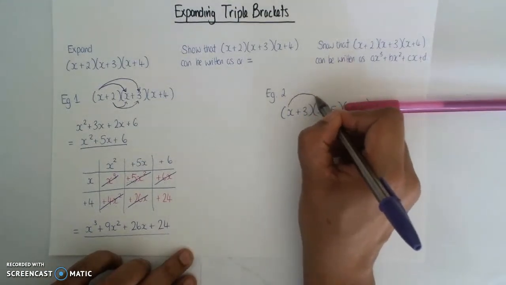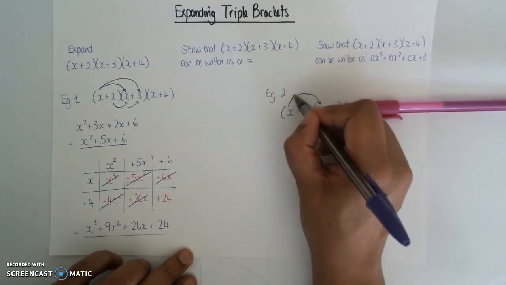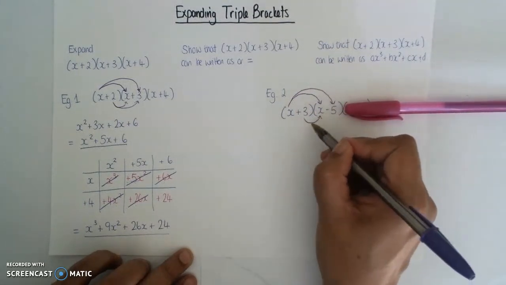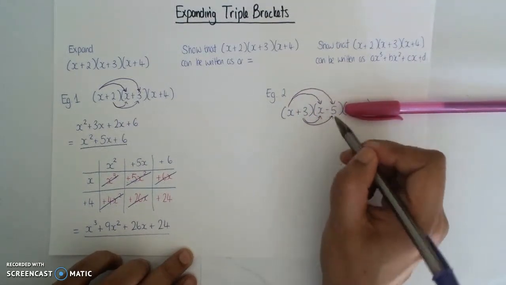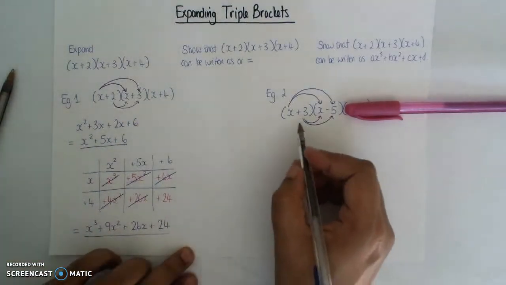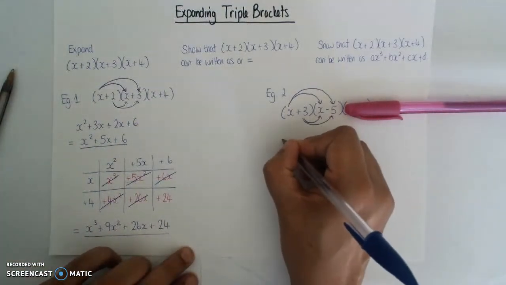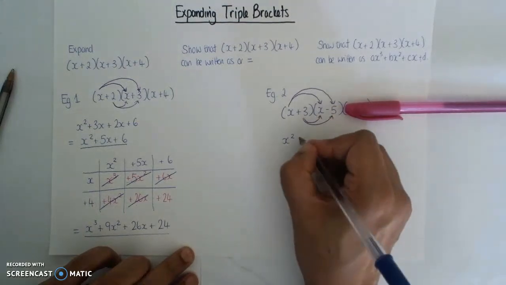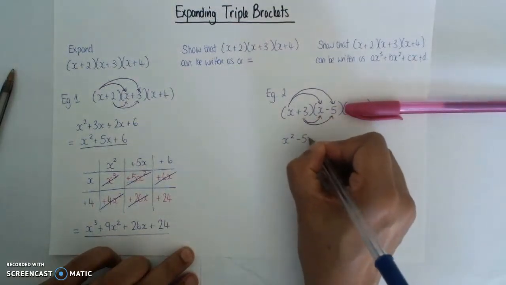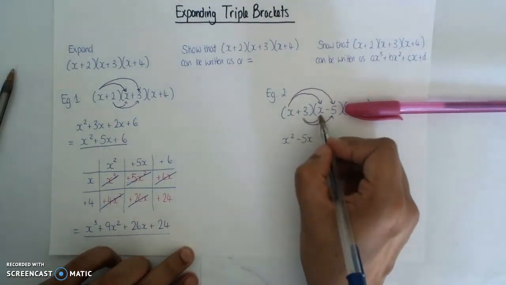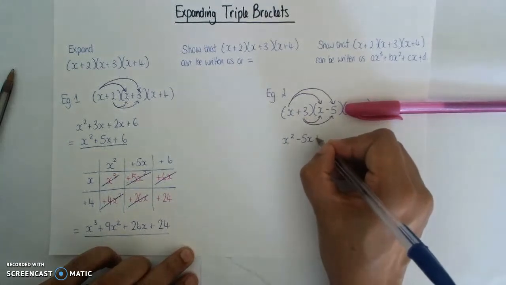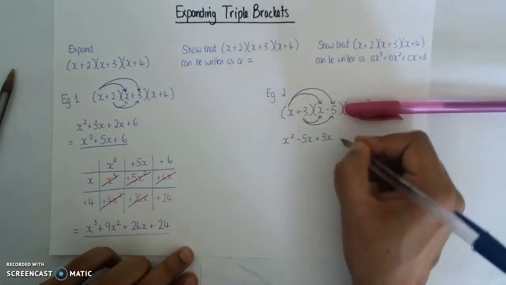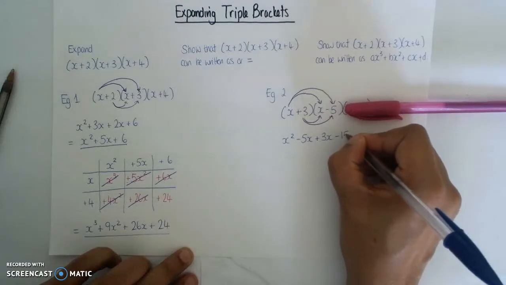So we're going to do x times x there. We're going to do that one times that one. Got that one times that one. And that one times that one. So x times x is x squared. x times minus 5 is minus 5x. 3 times x, and it's a positive 3, is plus 3x. 3 times minus 5 is minus 15.